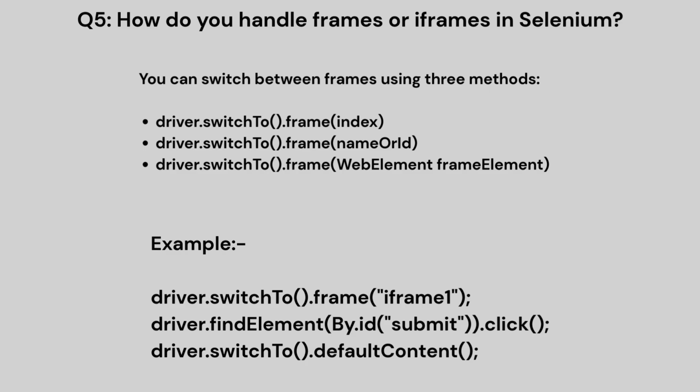So in the examples below you can see driver.switchTo().frame by id, and then switchTo().defaultContent(). Default content is what we switch to from the frame back to the original content. Okay, so in this way basically we can handle the iframes or frames in Selenium.